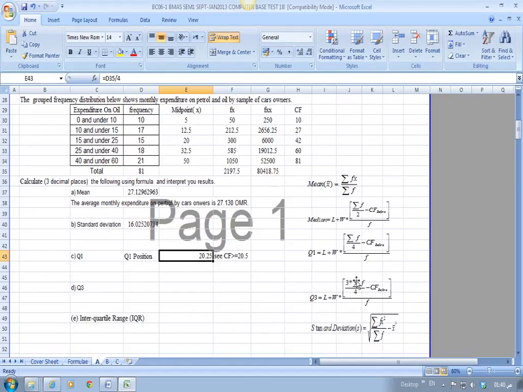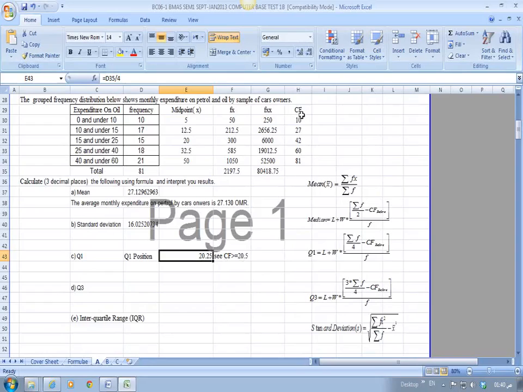For the third quarter, we multiply by 3 and divide by 4. The total of the frequency is 81, so 81 divided by 4 gives me 20.25. Then we want the CF which is greater than or equal to 20.25.